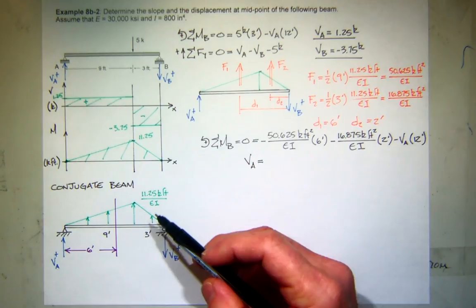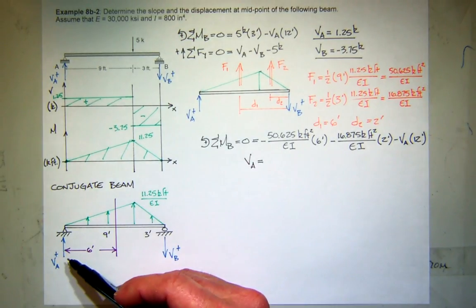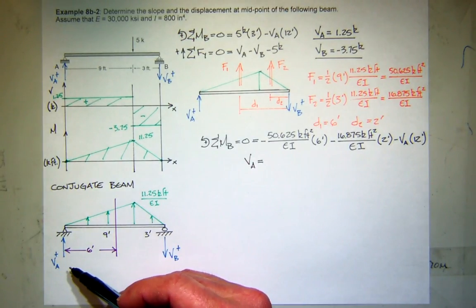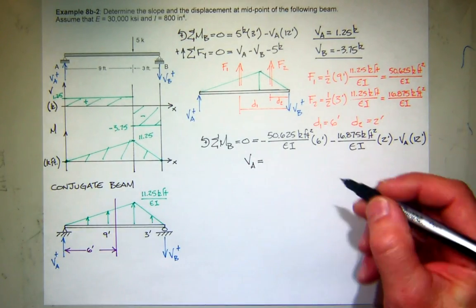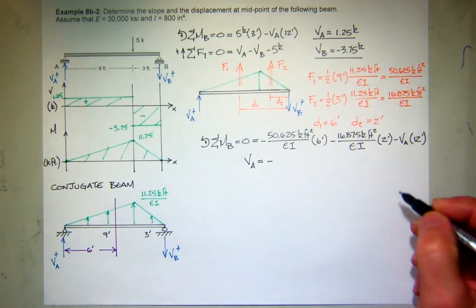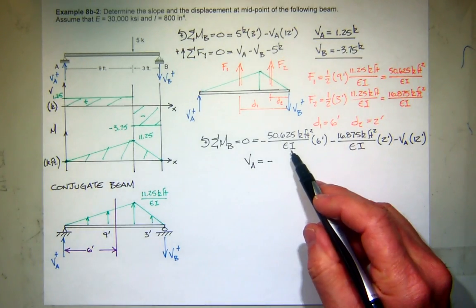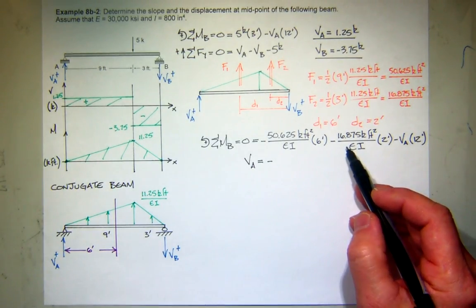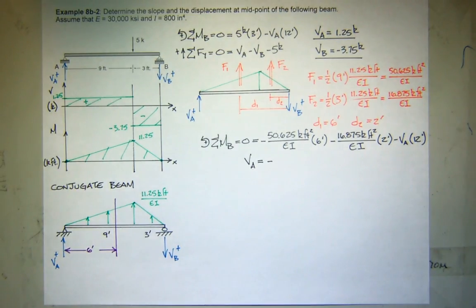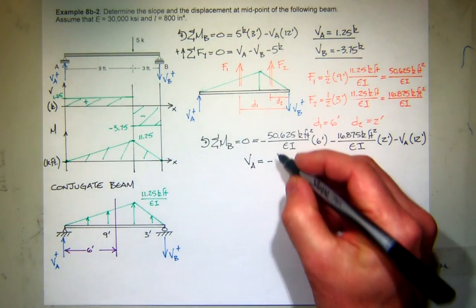Now, I'm thinking that since the forces are up, the shear at A probably is going to be down, so that means it should be a negative value. So what do you guys get for that? I'm thinking like 27, 28. 28.125.